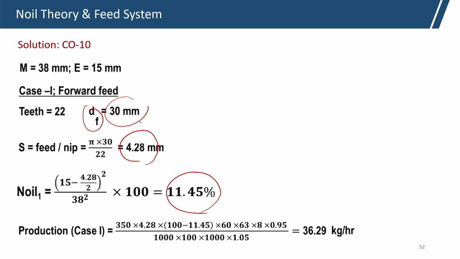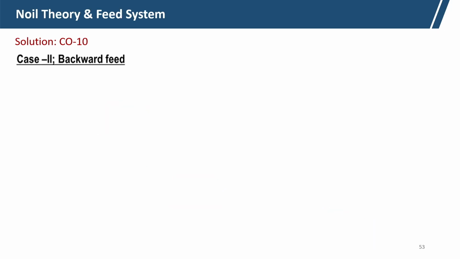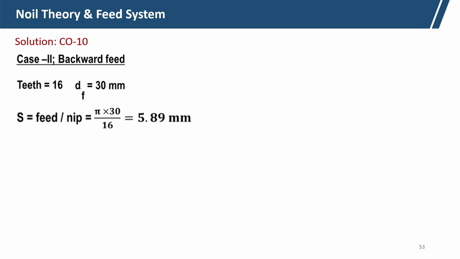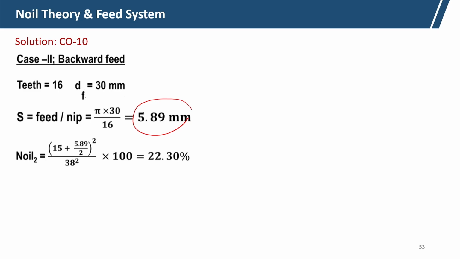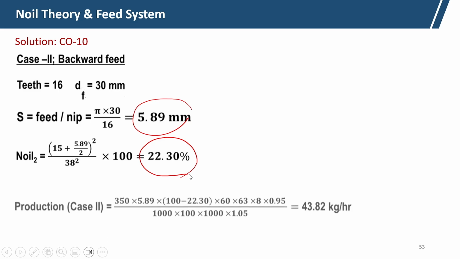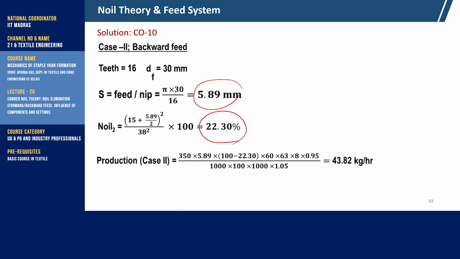So, production in case 1, as it is forward feed, it will be 36.29. Now, in case 2 backward feed, the number of teeth was 16 and feed roller diameter is 30 mm. So, feed will be 5.89 millimeter and Noil percent is 22.30% and production we can calculate, it is 43.82 kg per hour.